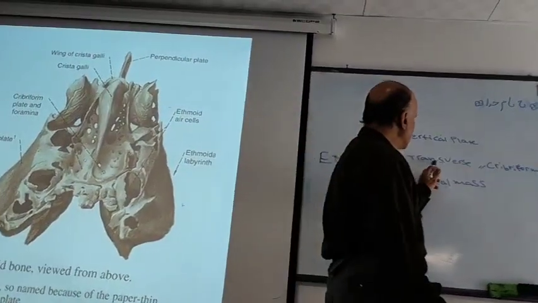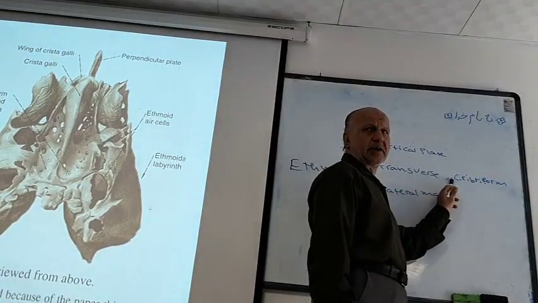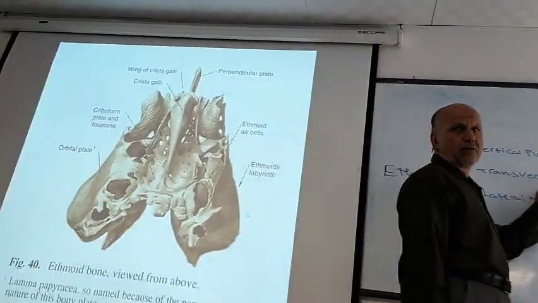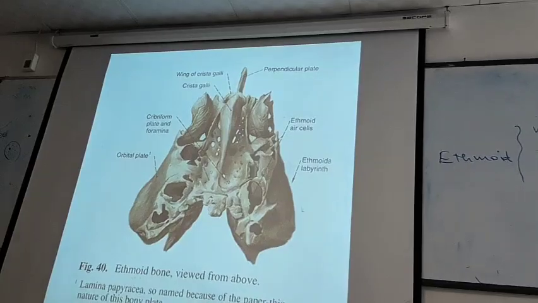The transverse plate is in the base of the cranium, in the anterior cranial fossa. You can see another shape.